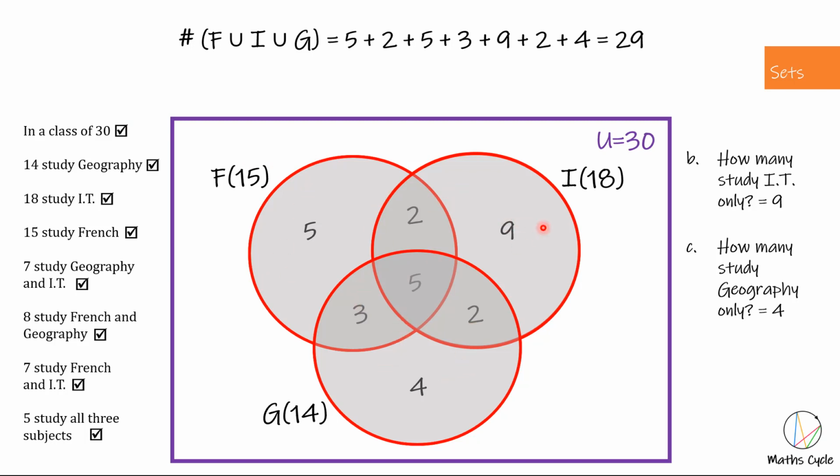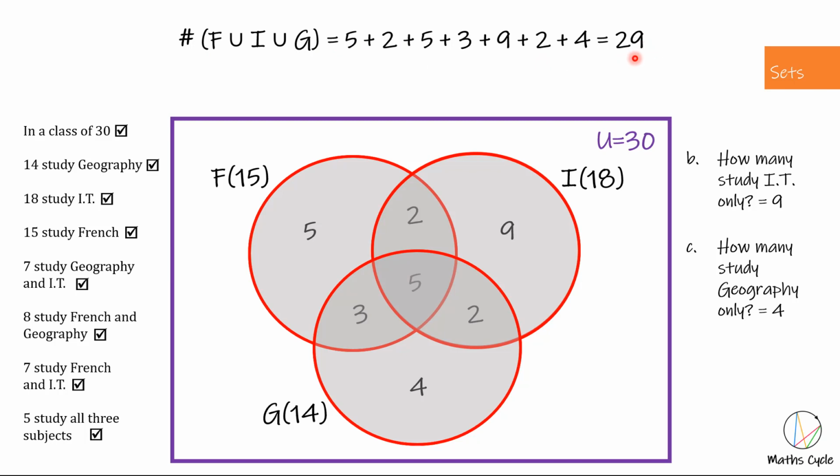So let's look at everybody in this grey part, in other words, F union I union G. If we're looking for how many people, we use the sign cardinal number, the one that looks like a hashtag. So the cardinal number of F union I union G is 5 plus 2 plus 5 plus 3 plus 9 plus 2 plus 4 equals 29. So actually I've accounted for 29 people already.